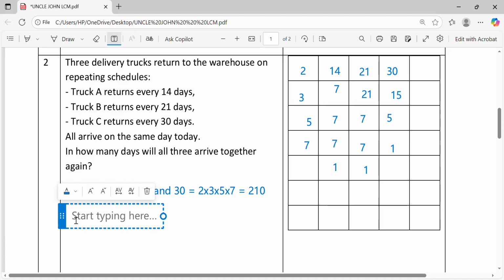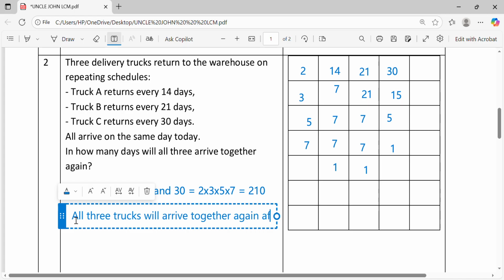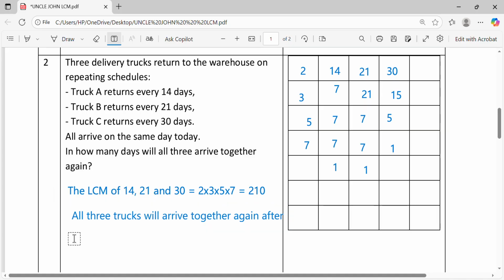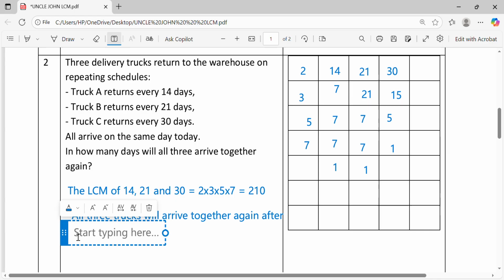So here you will say that all three trucks will arrive together again after 210 days.